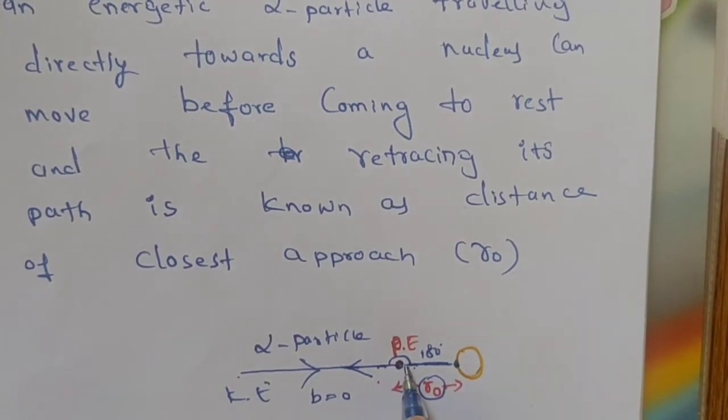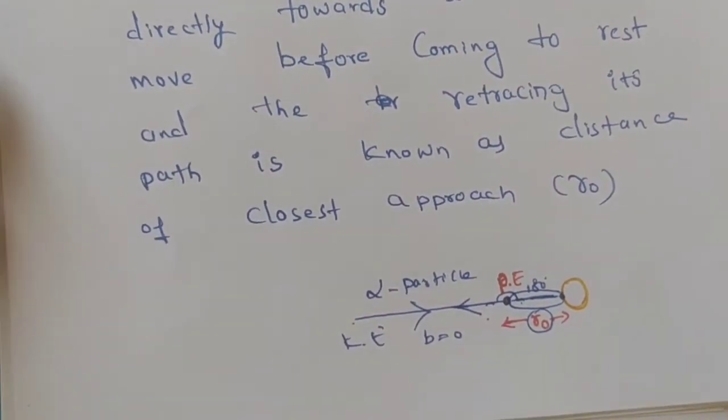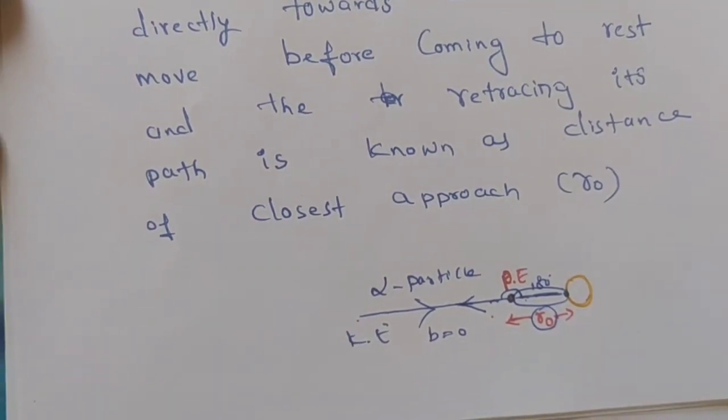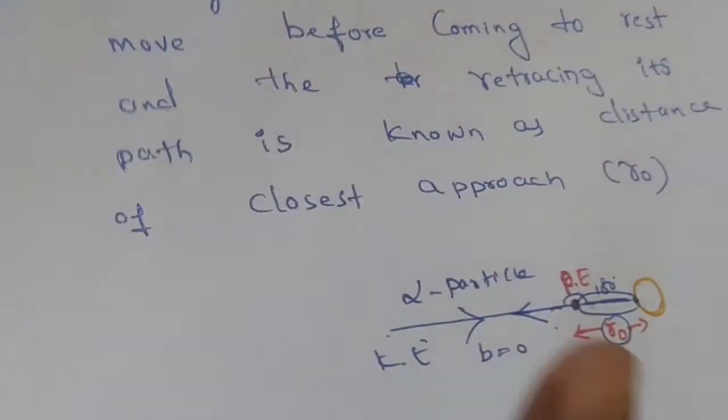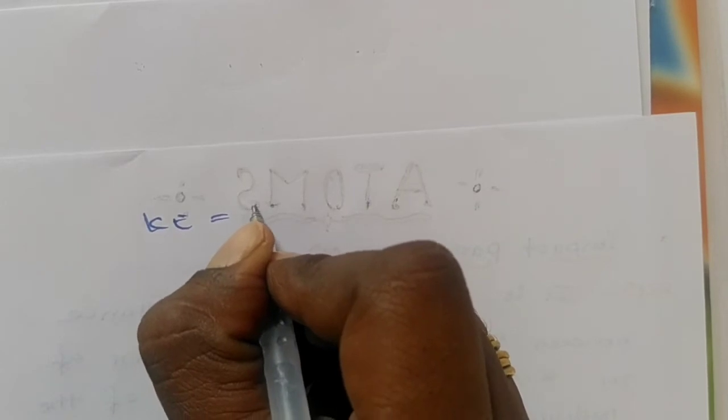Here this minimum distance is the distance of closest approach, and now its expression. Here kinetic energy converts to potential energy. According to the definition, kinetic energy converts to electrostatic potential energy.